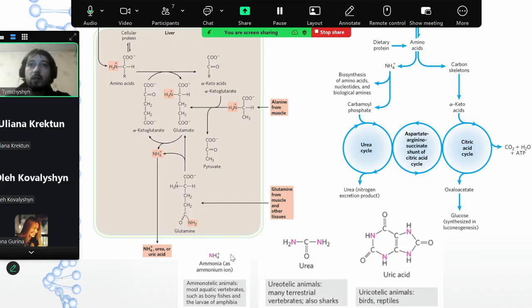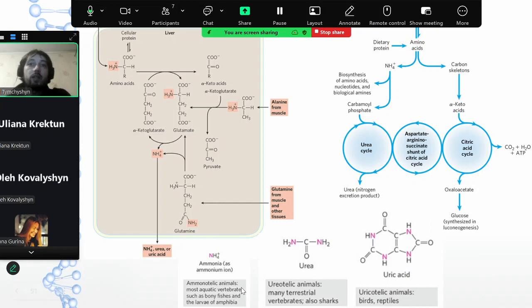Here you see a little bit more, so that's different forms of the nitrogen excretion. So here are, for example, urea, that's the chemical we use, and many other terrestrial vertebrates and sharks for some reason. In different animals, it may be excreted in form of ammonia as it is.